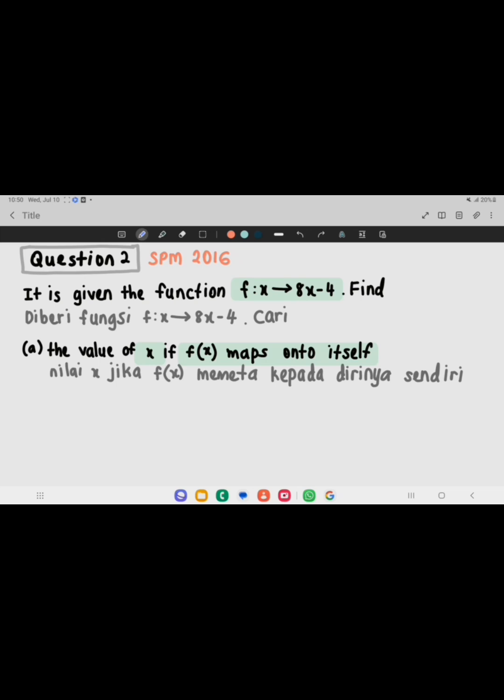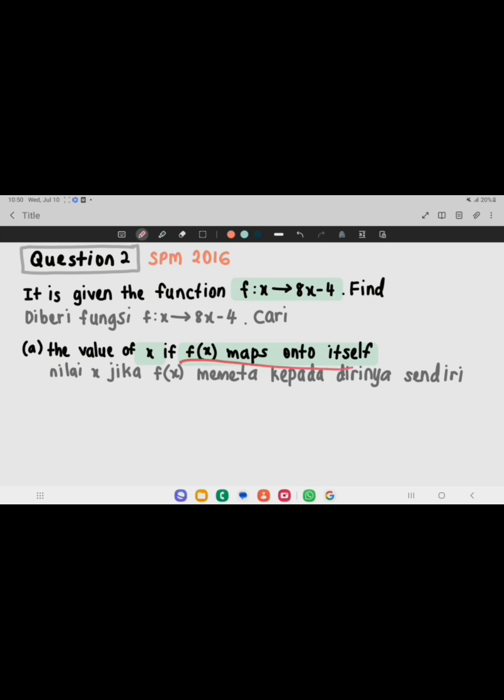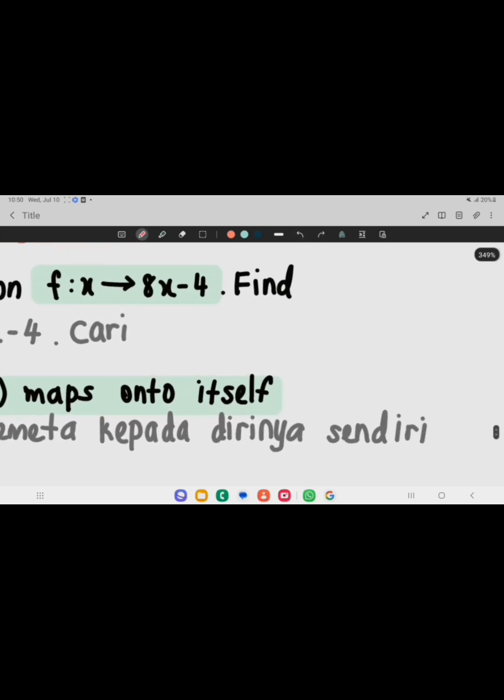The keyword given in this question is this. F(x) maps onto itself. Whenever you see this kind of question, the keyword they are trying to give you is f(x) maps onto itself. It means that f(x) is actually equal to x.